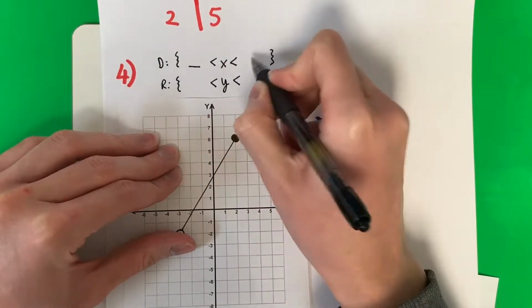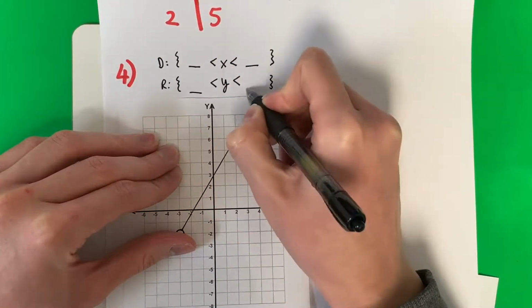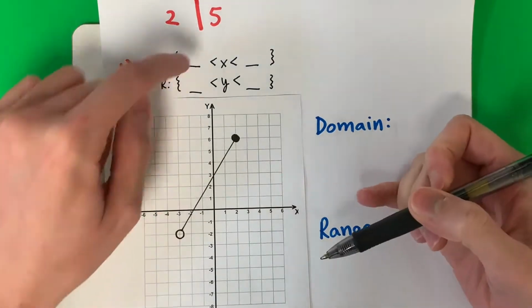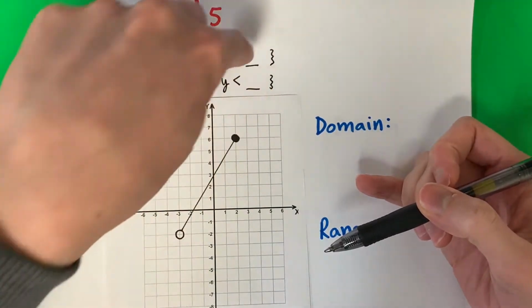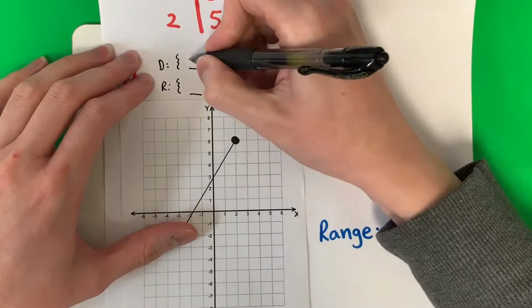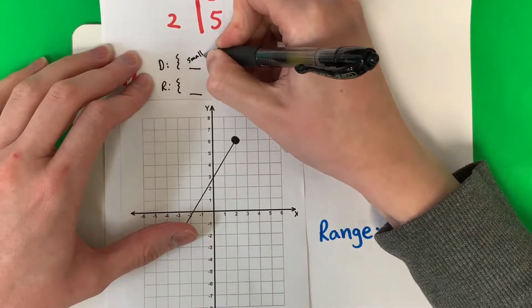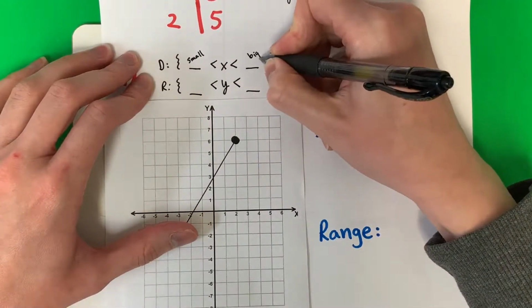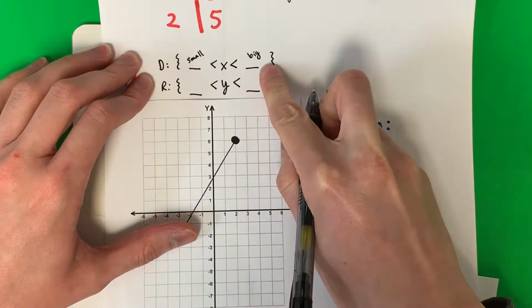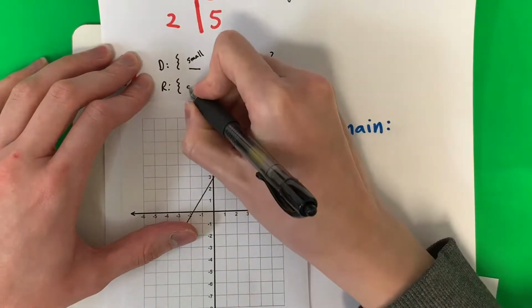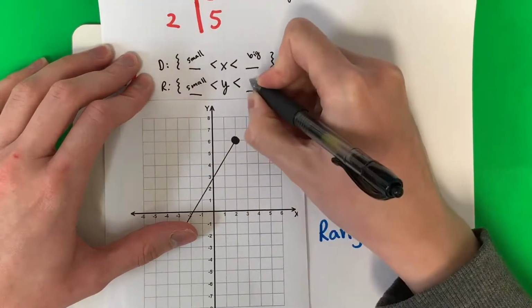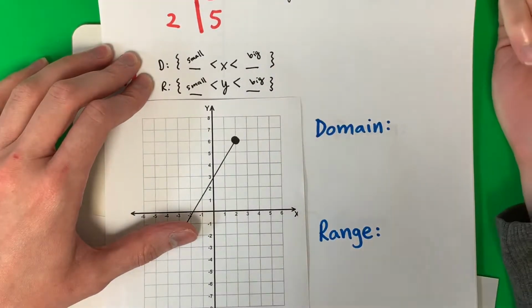Now here, and here, you will have numbers. You will put these in order. Here is the small number. Here is the big number. Remember, small first, big second. Here is also small, and here is big. You have to put them in order.